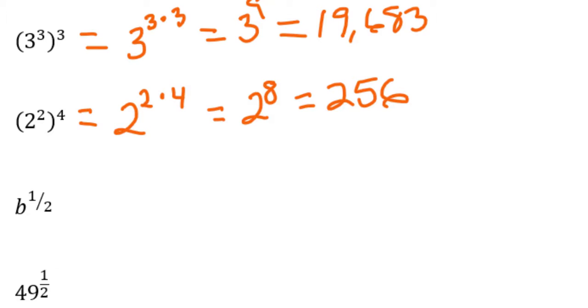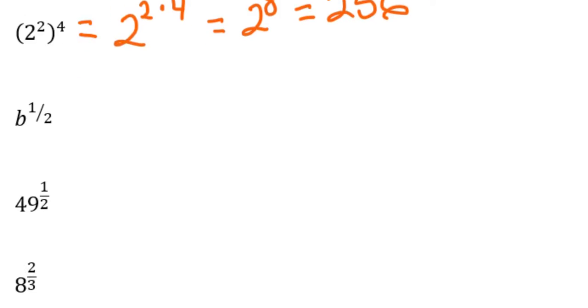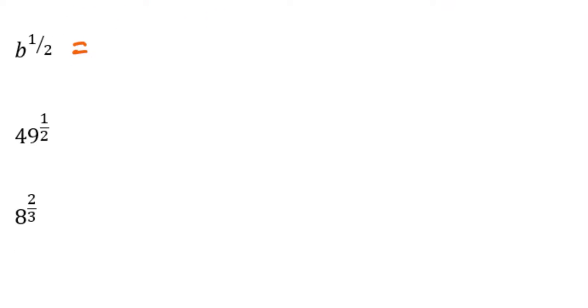Now, what happens when we have something raised to the power of a fraction? In this case, it's b to the power of 1/2. Make a note that your denominator is going to be your root, your index, and the top number is your exponent or power.